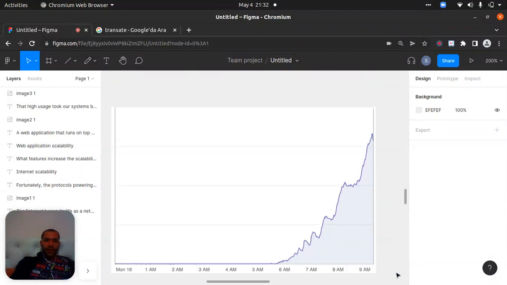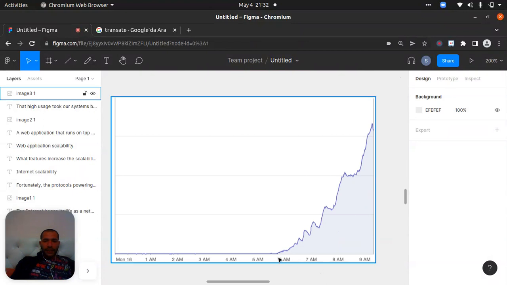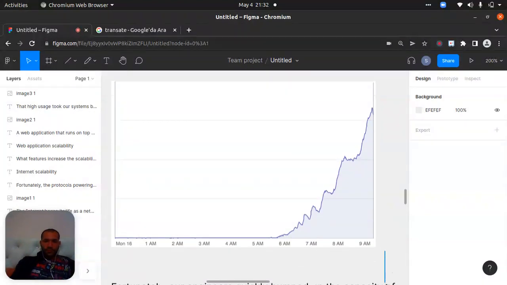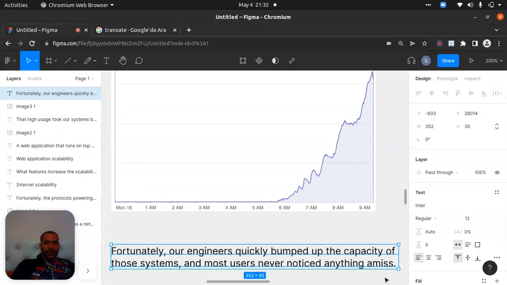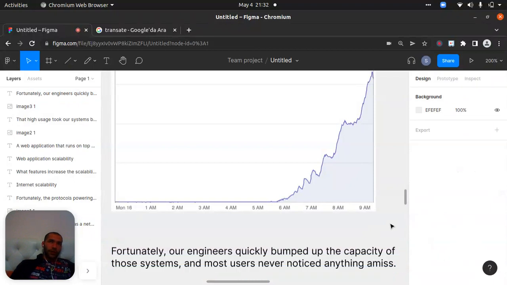Because the traffic is coming up, let's look, it's going up and up. And for that, you need scalability. You need to prepare before these things. Just think, you want to create an application, but you don't know how many people will use it in the future.